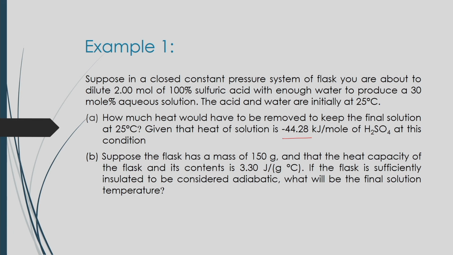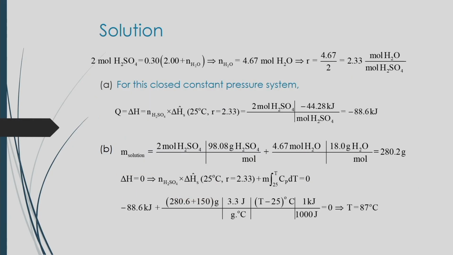So, this is the problem which you have to assess by an energy balance equation. Now, to solve this problem, first of all you have to calculate the amount of water to be mixed with that 2 mole of sulfuric acid to make a diluted 30% sulfuric acid solution.